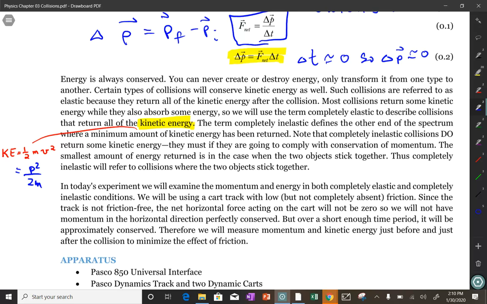Total energy is always conserved, but we're going to look at kinetic energy. So if kinetic energy is conserved, we call it elastic. If the kinetic energy drops, then it's inelastic. And we're going to examine what types of collisions have conserved kinetic energy and what types have conserved momentum.